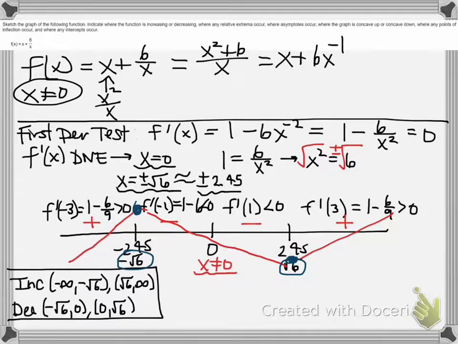So I want to evaluate our function, because my lab math is going to want the exact values. I'll evaluate my function at f of square root of 6. And you can use whichever of these versions of the function you want. For example, over here, I'm evaluating f of square root of 6 using this guy.